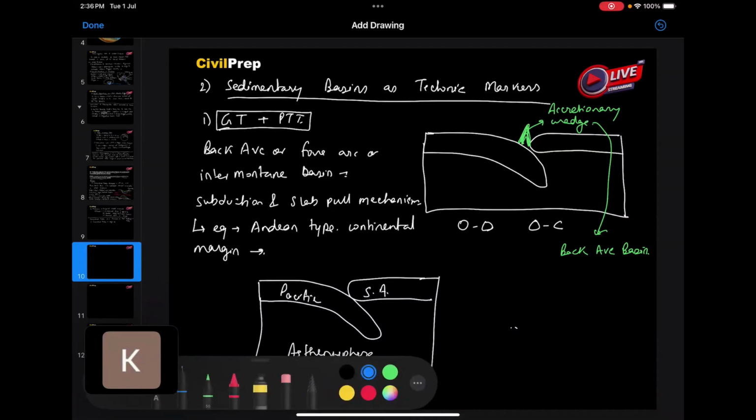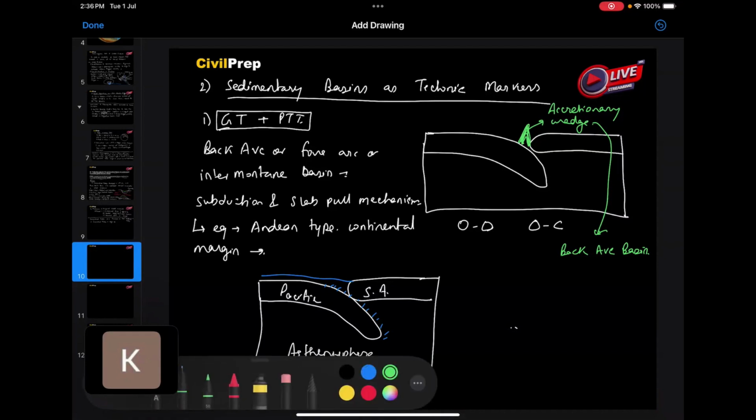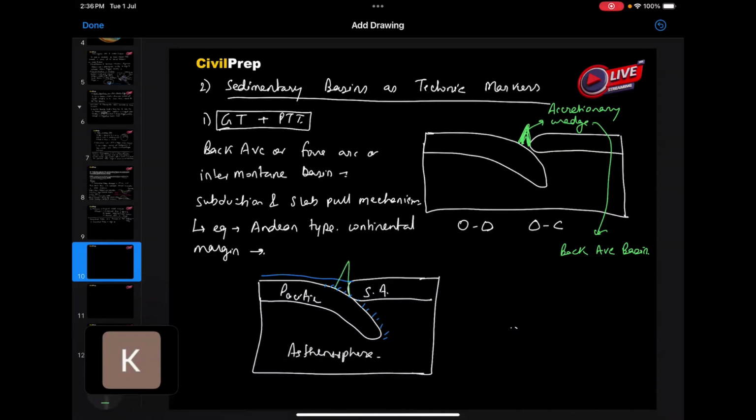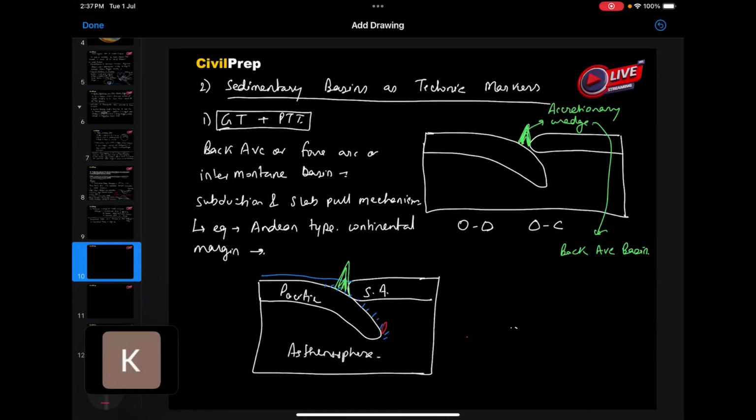Here we'll see the presence of water, a certain amount of water will be present here. Second, there will be the presence of an accretionary wedge, and because of the presence of water, the magma will become molten and result in the formation of volcanic mountain ranges.